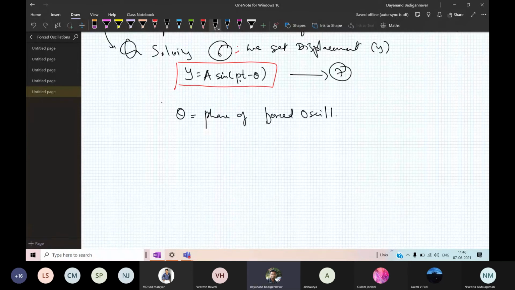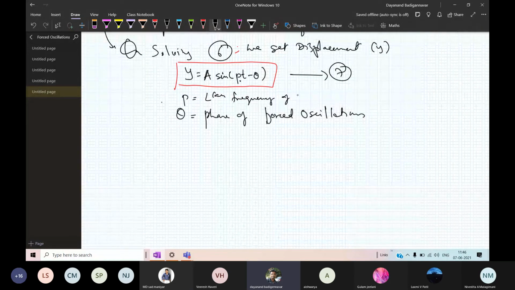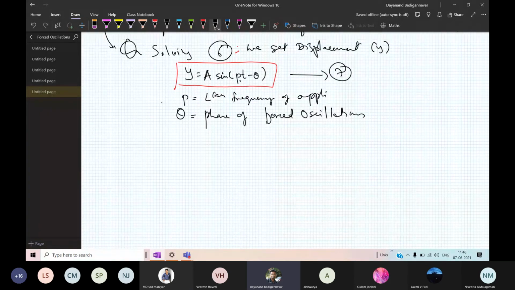Okay, I shall stop here itself. In the next class, we shall continue here. And P, you know, is the angular frequency of application of the force. So it's a very important derivation.